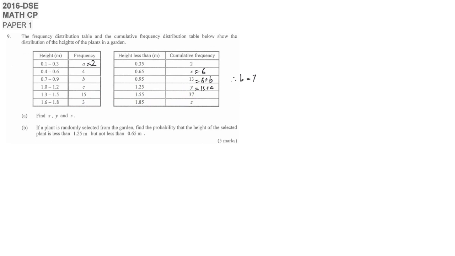We get 37. So this is equal to Y plus 15. So we can get what Y is. Therefore, Y is equal to 37 minus 15. Y is 22.